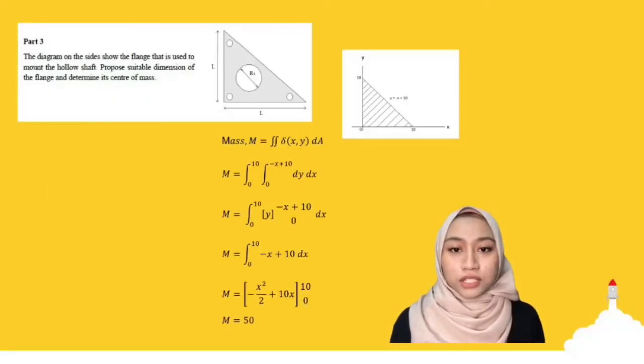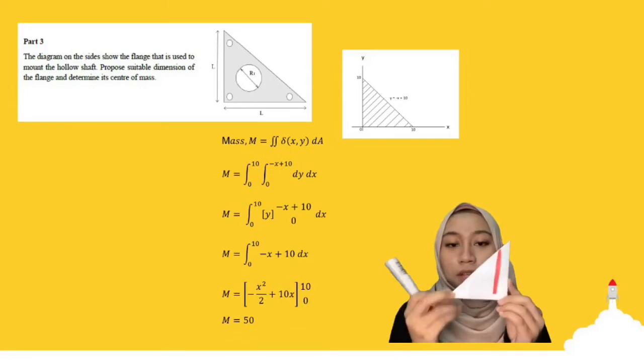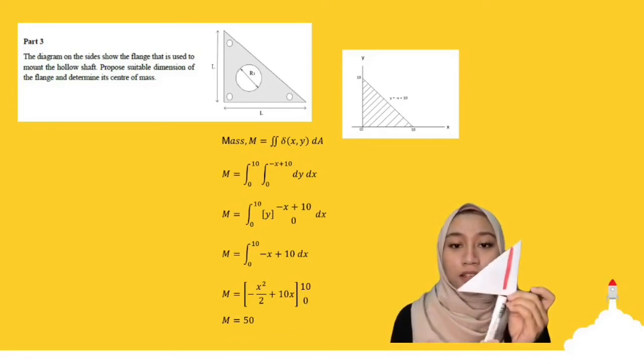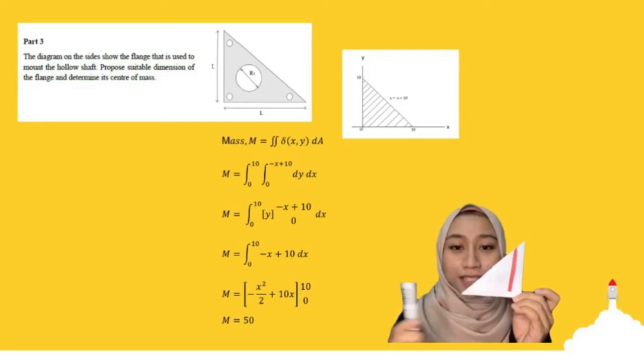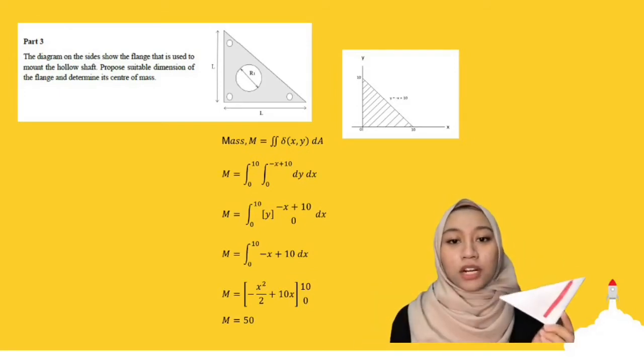For this question, we need to propose a suitable dimension of the flank, then determine its center of mass. Firstly, we assume the lengths of a triangle, which is the prototype. The length along the y-axis is 10 centimeters and the length along the x-axis is 10 centimeters. Then we find the mass by using the mass formula for a lamina.